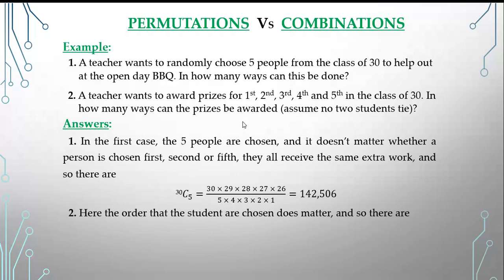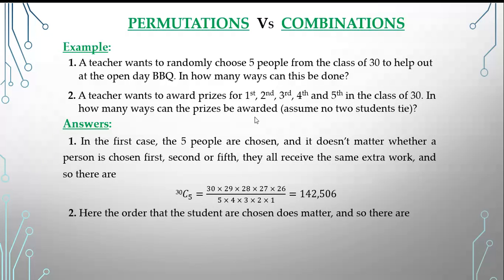Here also the teacher wants to award 5 persons out of the 30, but here specifically which student gets the first position, which student is on the second position, which is on the third position. So positions are mentioned, meaning which student gets the first, second, third, fourth and fifth position, so those students out of 30 get the prizes.